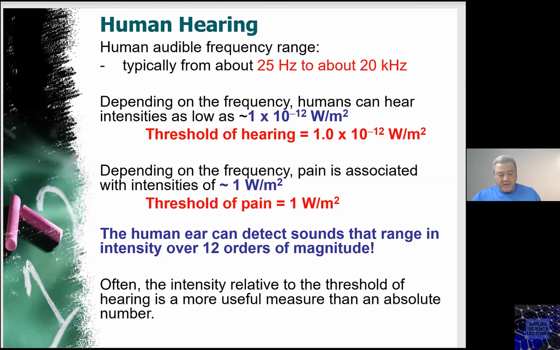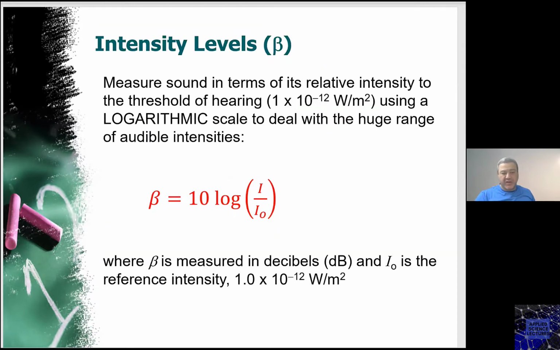We said that human hearing's frequency range goes from 25 hertz up to 20 kilohertz, typically. We also said that the common threshold of hearing is 1 times 10 to the power minus 12 watts per meter squared. And now we have seen that the threshold of pain is 1 watt per meter squared. Since the range is so huge, we will use the logarithmic scale in order to reduce this huge range.